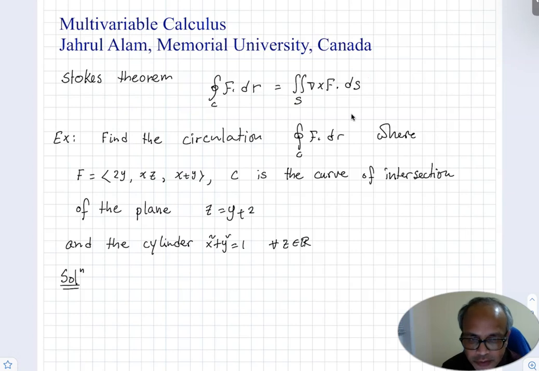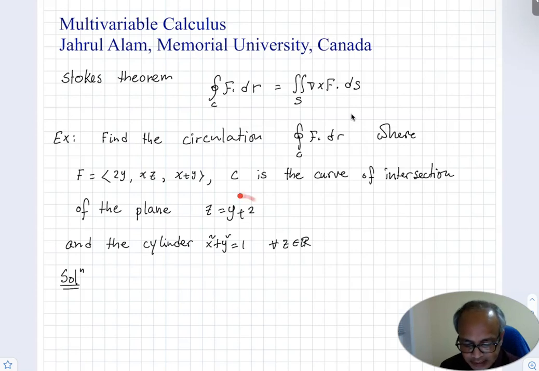So if we have to solve this surface integral, we can convert it and solve the line integral. Here in this example, I will be solving the circulation of F dot dr on a closed circuit C, where F is (2y, xz, x plus y), and C is a simple closed curve, which is the intersection between a cylinder and a plane.